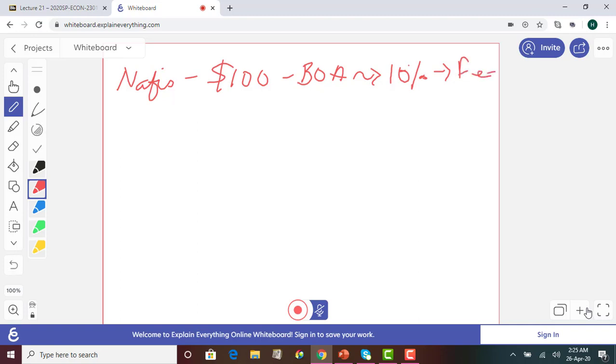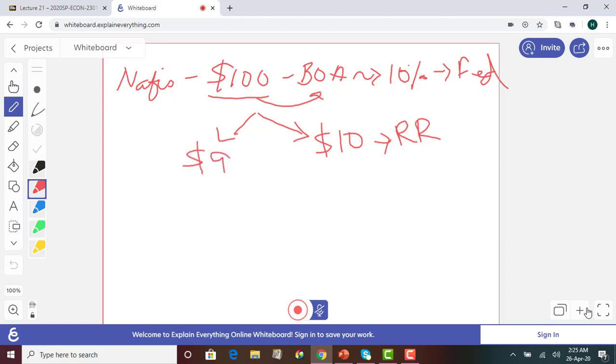So what happens now? When I deposit $100 in Bank of America, they split this into two parts. They keep 10% of the $100, which is $10, as required reserve, and the remaining $90, which is 100 minus 10, they will loan out.